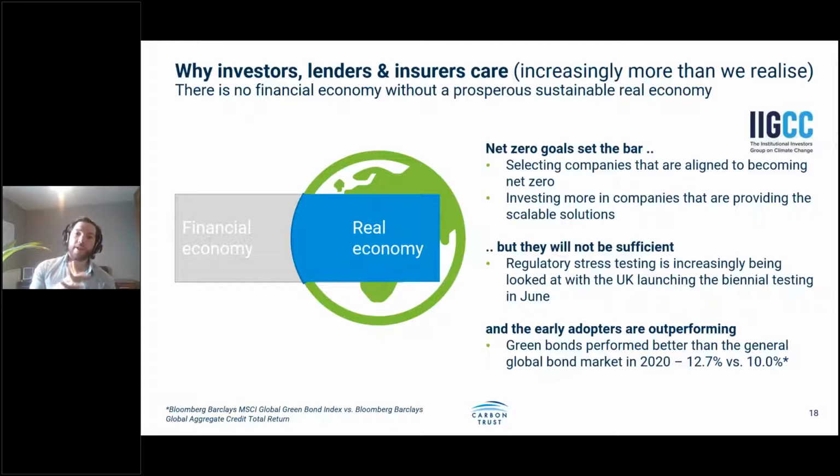So we wanted to highlight, for example, that the Net Zero Asset Alliance represents $5.6 trillion of assets under management pushing towards net zero across the financial sector. But the financial economy will only achieve net zero when the real economy does, and that means individual companies, but also the entire portfolios of companies that they are invested in, need to be on track to achieve that net zero goal.